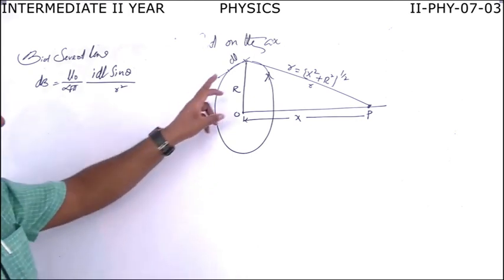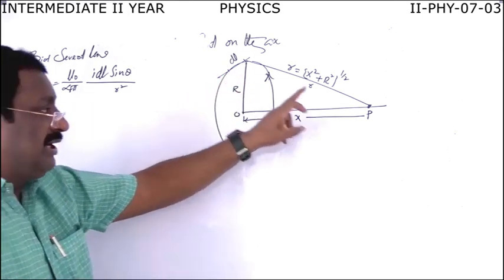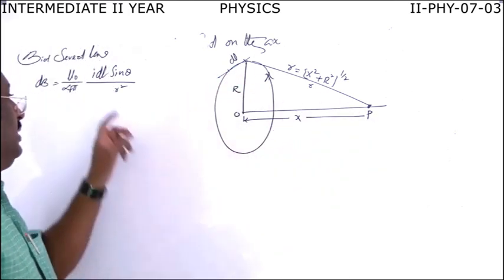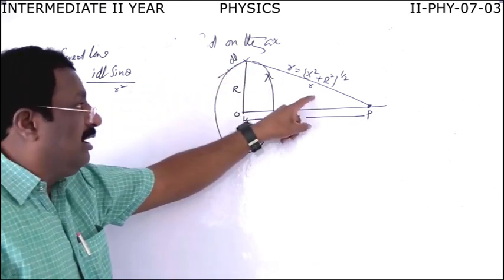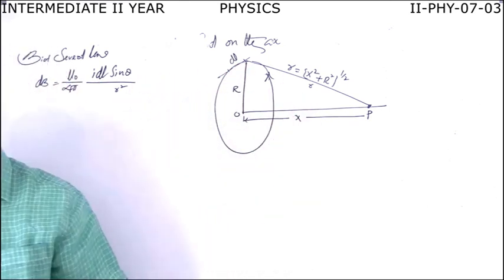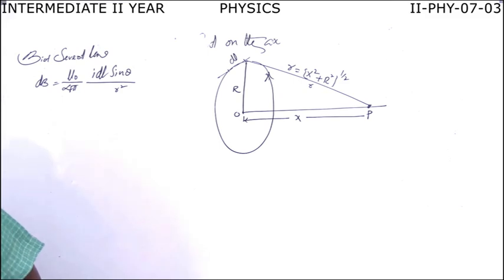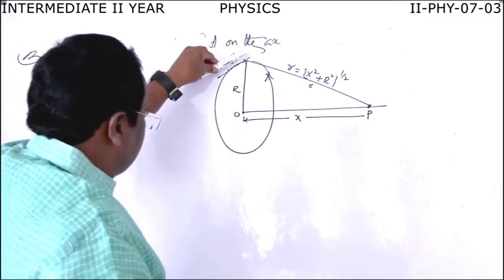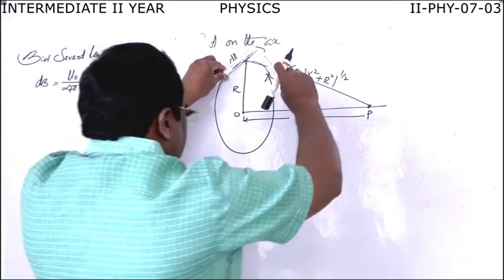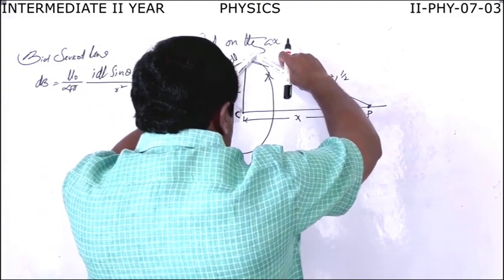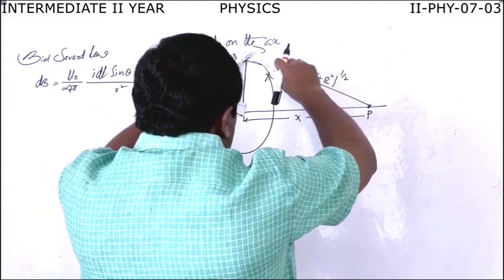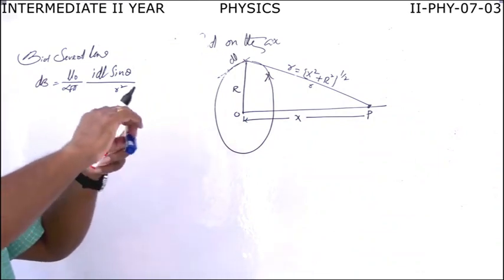This is the magnetic field due to the small element at this point. But here dl and r are always perpendicular. They are always perpendicular like this. This is the direction of dl, and this is the direction of r, which are always mutually perpendicular.